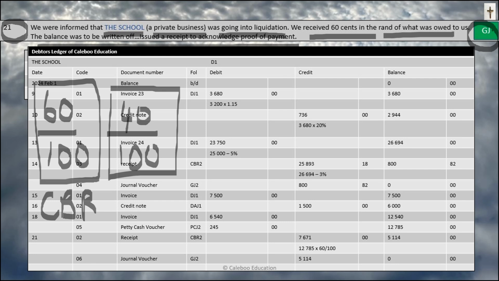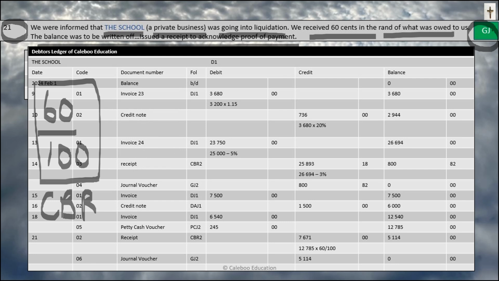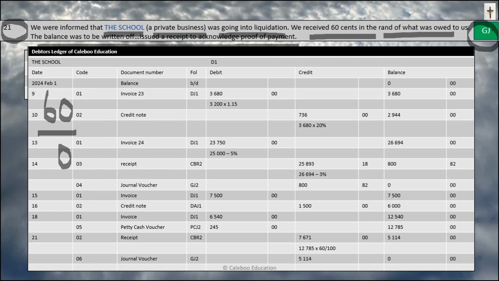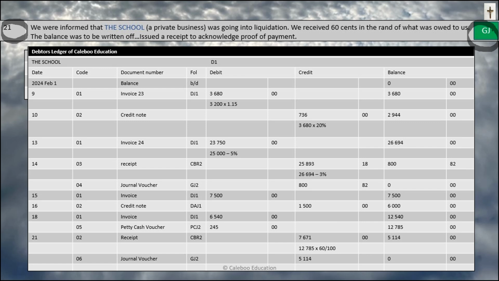And how we do that is, once again, we need to go to the account of the school in the debtors ledger. So what I've put up in front of us is the account of the school in the debtors ledger of Calibre Education. Now this happened on the 21st of February.